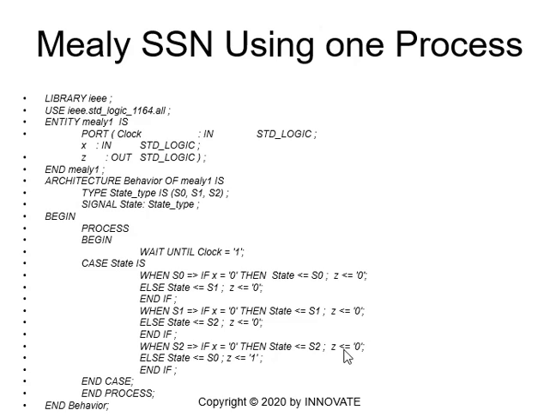I will stay in S2 and 0 to Z. Else, I will go to S0, so S0 will be assigned to the variable state, and 1 will be assigned to Z. And end if. So actually, this is the VHDL code for the state graph, state after state, in sequence.